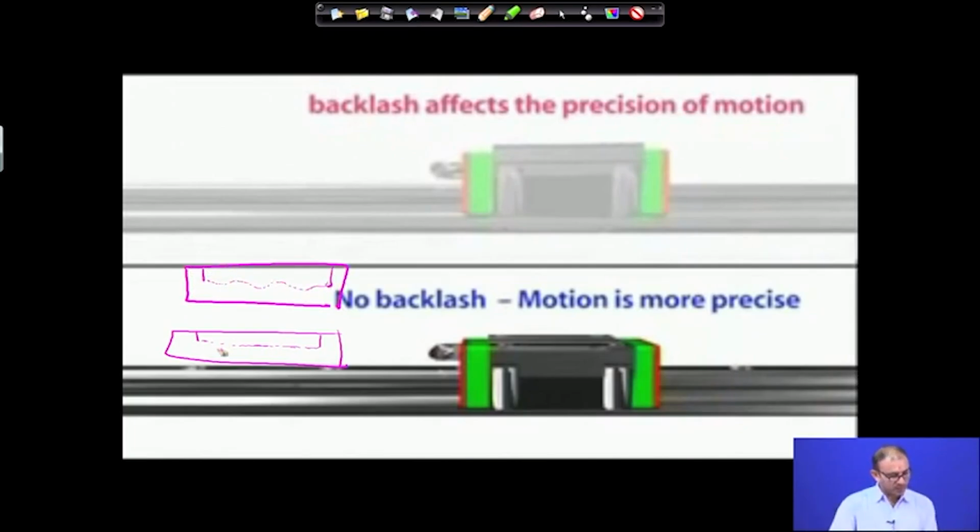You will not get a flat bottom machined surface, because your workpiece is moving in a wavy direction, and because of that you are not getting a precise movement of the cutting tool also. That is what is going to happen because of this backlash error.